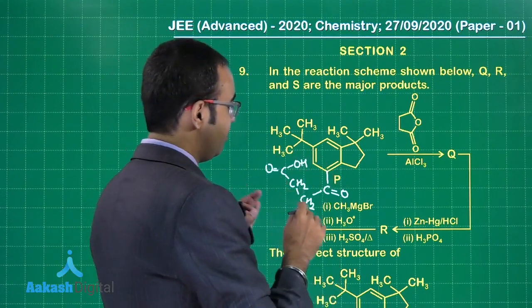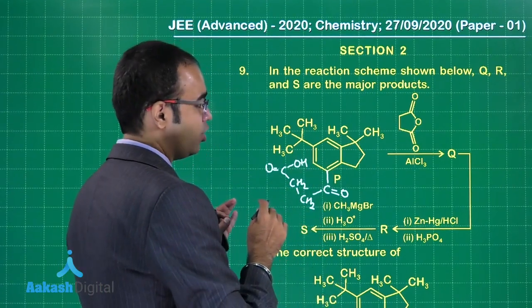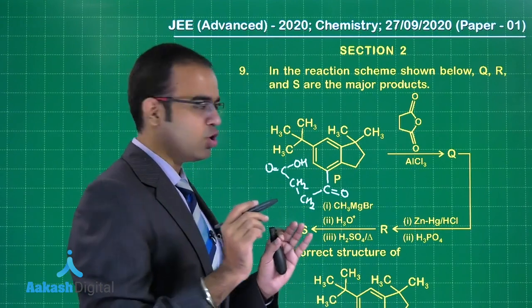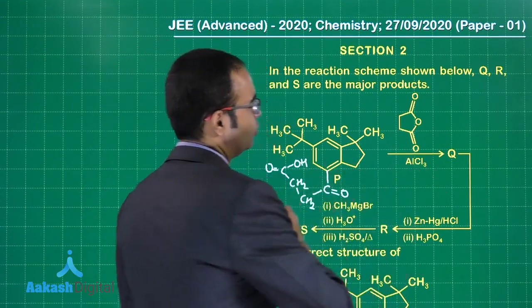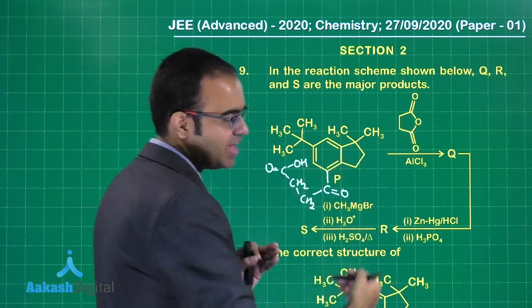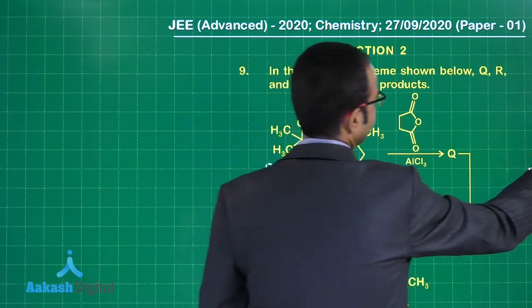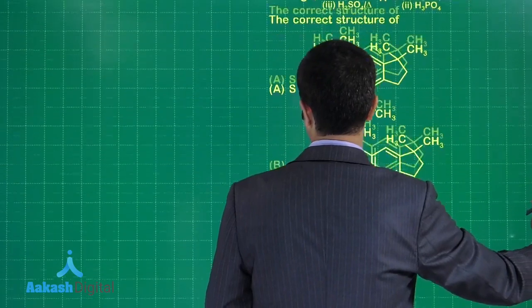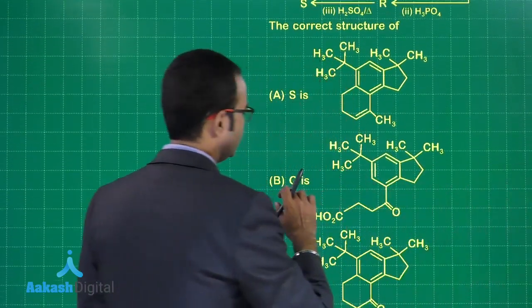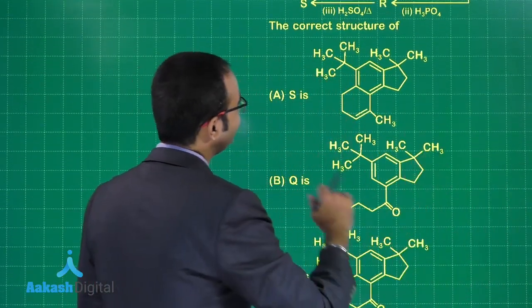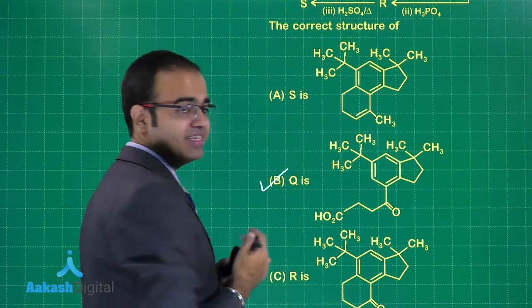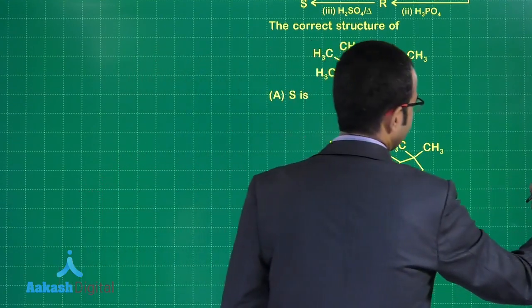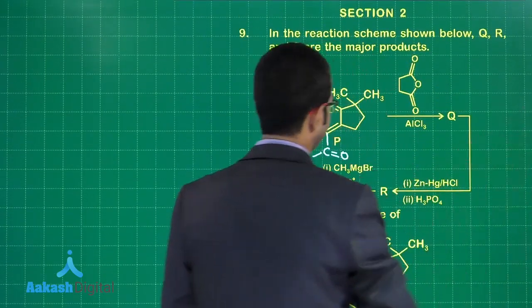So this is your compound Q. Once you have got your compound Q, let us compare it with the options. So where is Q? Q is over here. Is this what we got over there? Yes. So option B is correct. Okay. Let us go ahead with that.